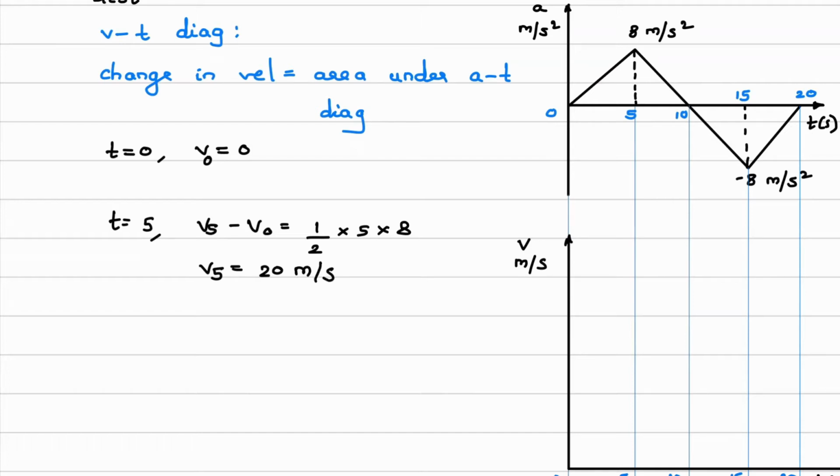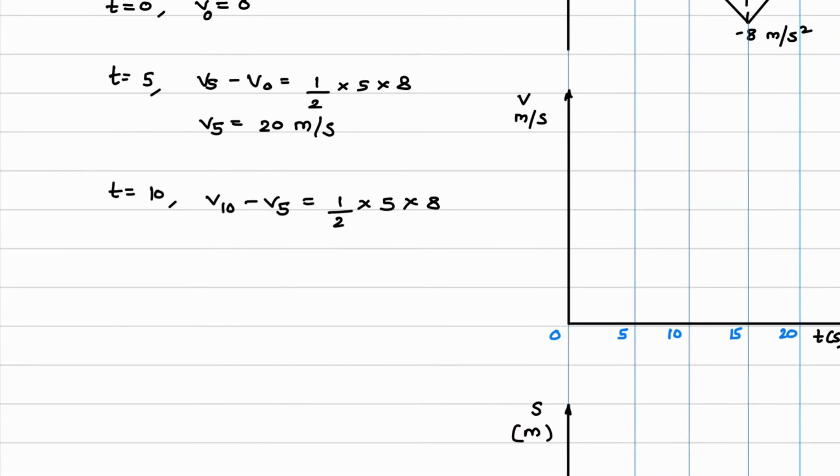After calculating v5, we have to calculate velocity at 10. So v10 minus v5 is the area under this line, so it will be this triangle. At t equal to 10 seconds, v10 minus v5 is equal to half into base 5 into height 8, and v5 is 20.